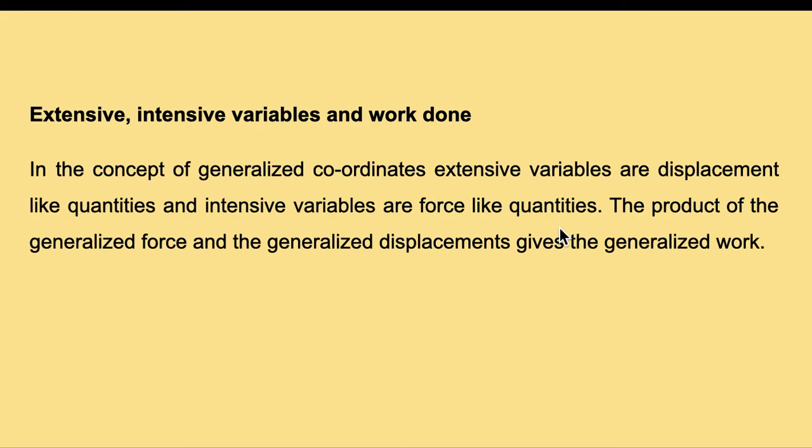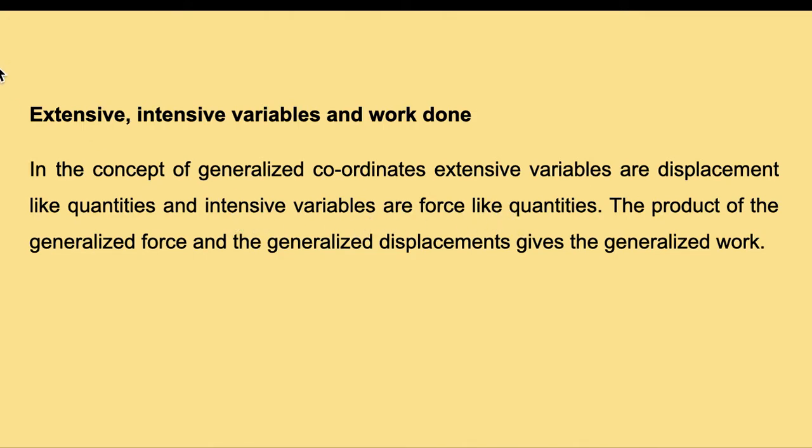And here you can see that for a hydrostatic system, we have written the expression for work done as minus PdV, or simply PdV. In that, P is an intensive quantity and dV is an extensive quantity. That means extensive variables are displacement-like quantities and intensive variables are force-like quantities.